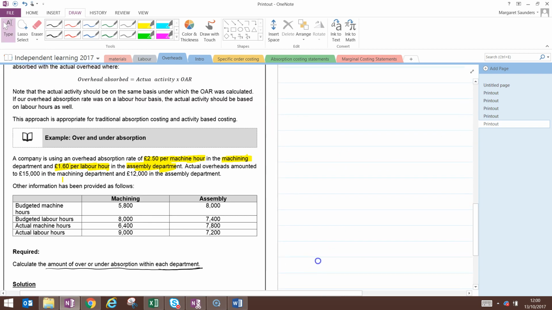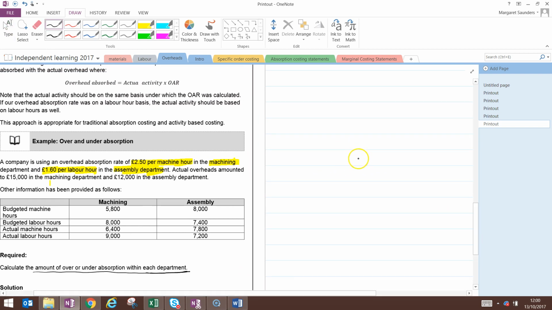So we'll start with machining. Firstly, we need to know the overhead absorbed. That is the overhead absorption rate times actual activity.